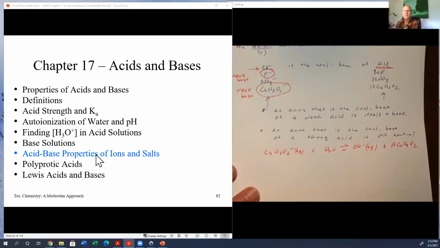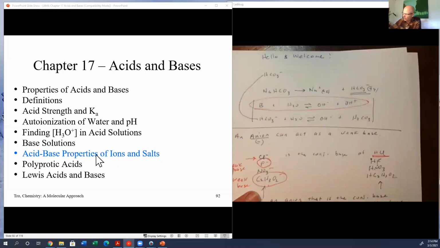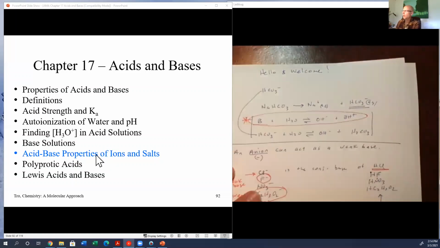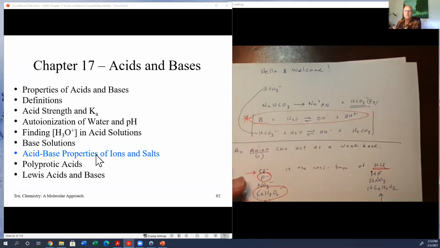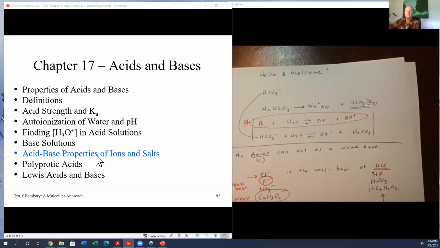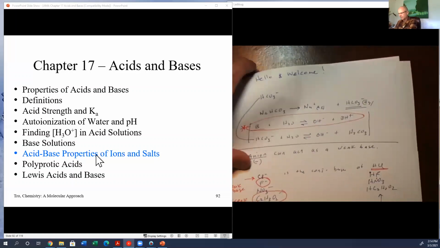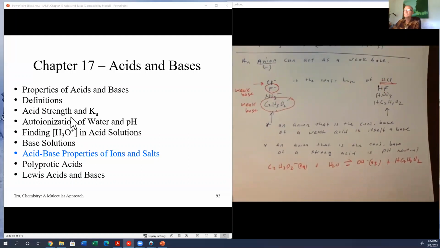It always follows that same pattern. That's why this equation is so important. We'll be using it over and over again, just like the weak acid equation that we talked about earlier. Does that make sense?